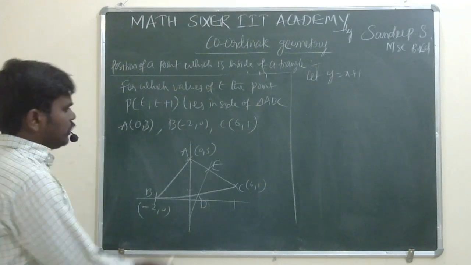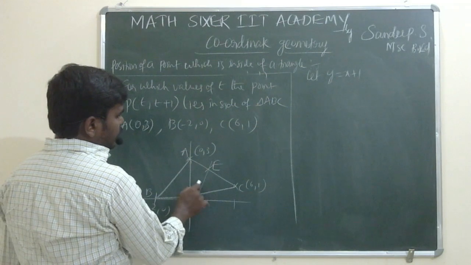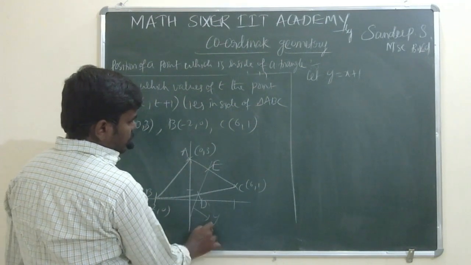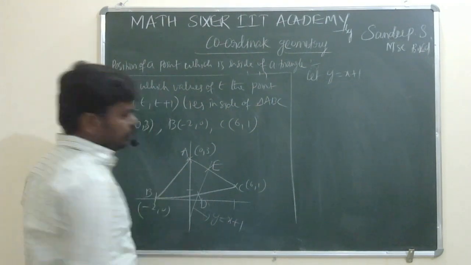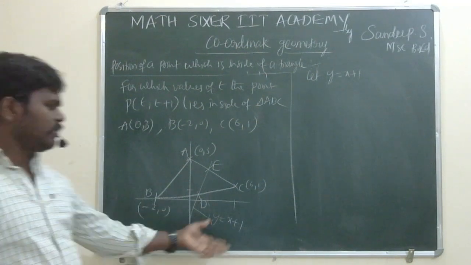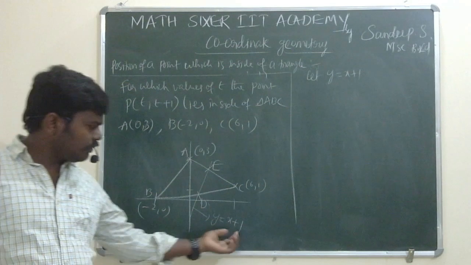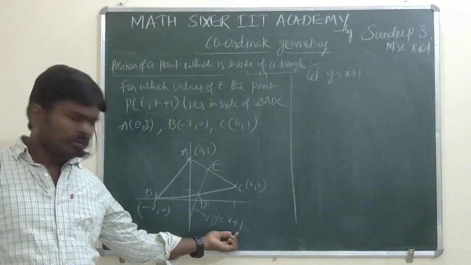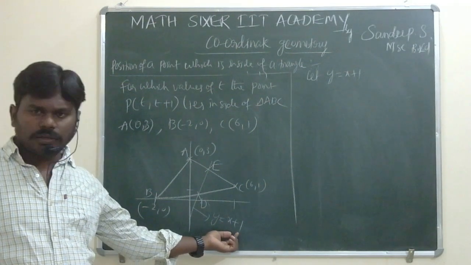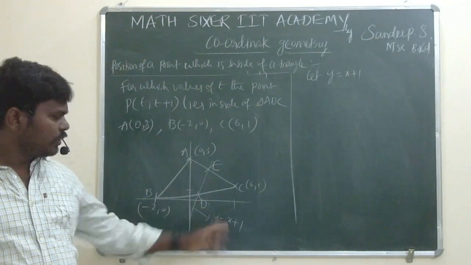This is a straight line, y equals x plus 1, which always gives slope equal to 1 and y intercept equal to 1. It is the y equals mx plus c form.